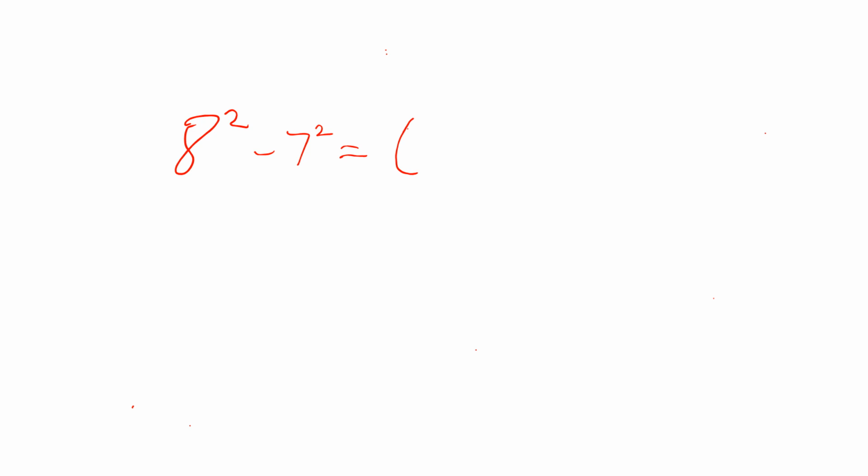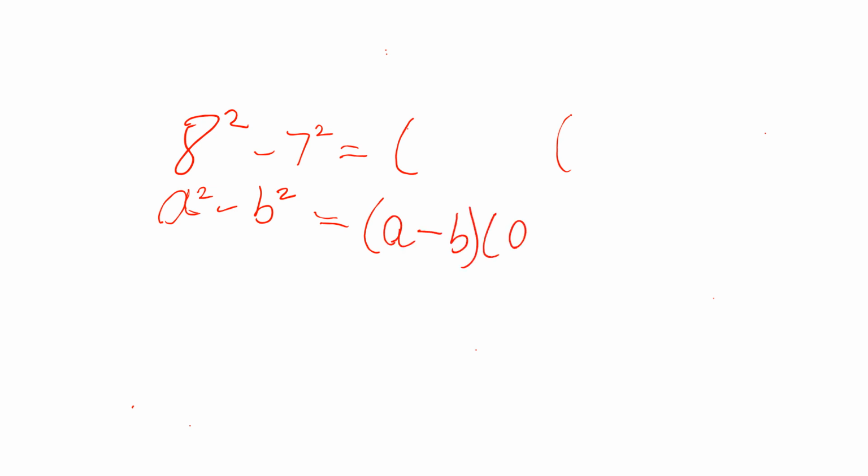We're going to factor this as a product of two binomials. 8 squared minus 7 squared, this is a squared minus b squared, which is a minus b, a plus b. Now over here, I'm going to have an 8 minus 7, 8 plus 7.